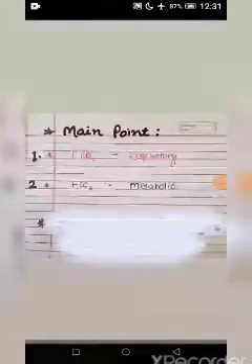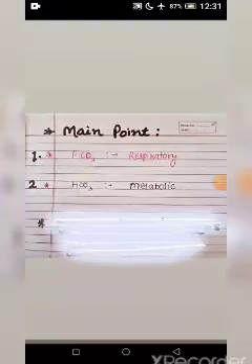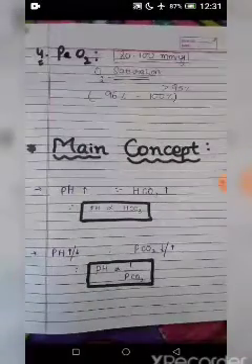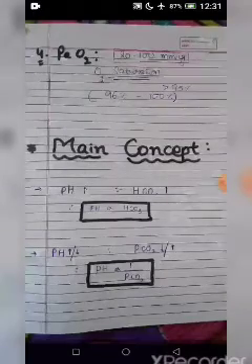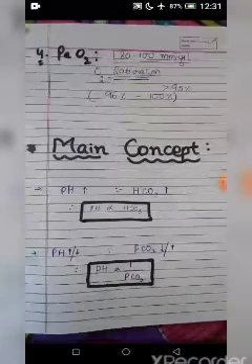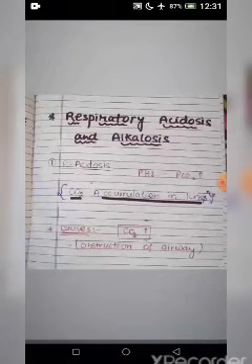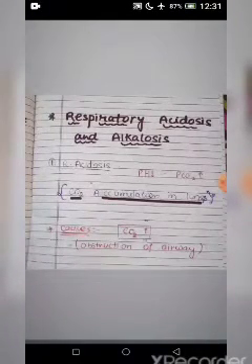So as we already discussed, CO2 is related to respiratory, and pH in this case will be opposite. So firstly we will discuss respiratory acidosis and alkalosis.